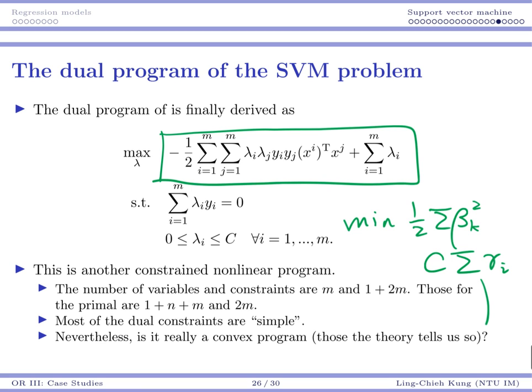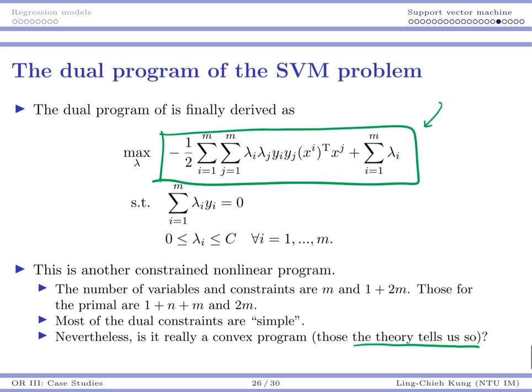So this is not a complicated formulation and can be easily considered as convex. But how about the dual objective function? The dual objective function looks scary, right? Even though the theory tells us that if your primal is convex, then your Lagrangian dual must also be convex, let's try to prove this is really convex.